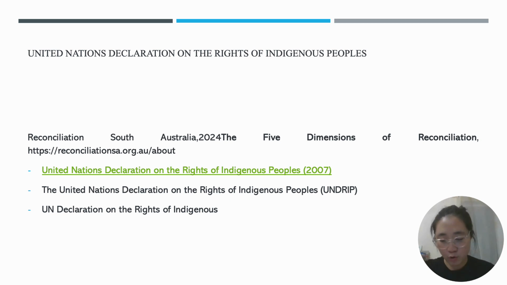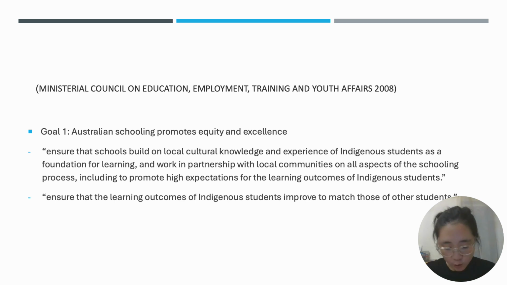I also want to draw attention to one of the very important things, which is how important the topic is and how this topic has a goal for school life. I actually got a few resources from the United Nations Declaration as well as the Melbourne Declaration on the rights of Indigenous people. I just want to quickly share goal 1: Australian schooling promotes equity and excellence.